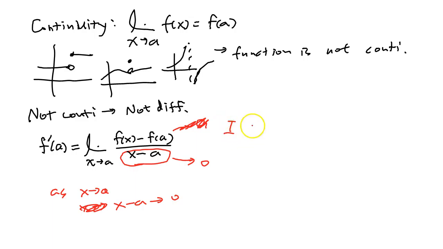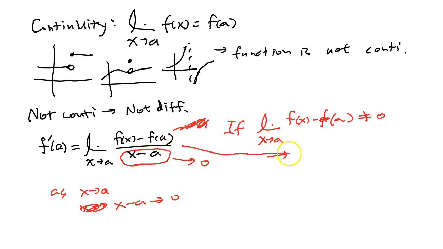If the limit as x goes to a of f of x minus f of a is not equal to 0, then this limit is a non-zero number over 0, so you end up with a limit that does not exist, right?